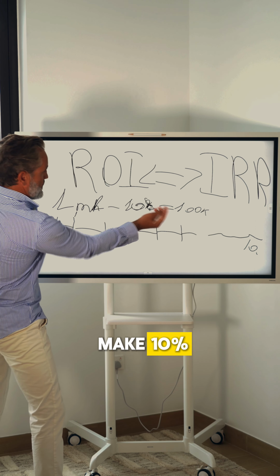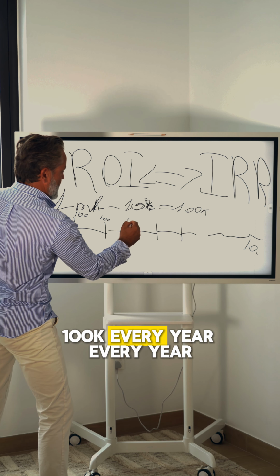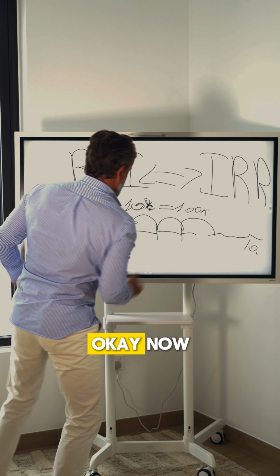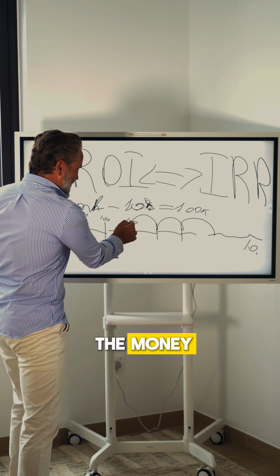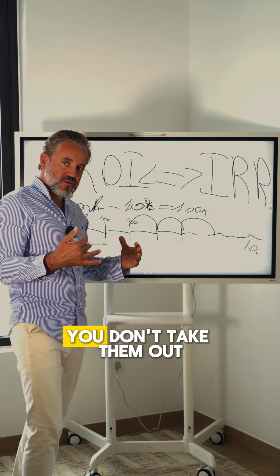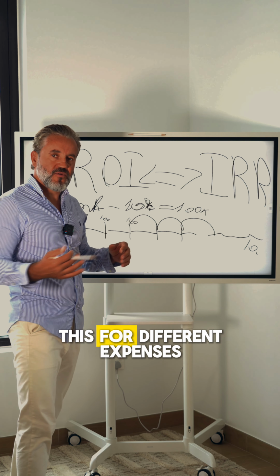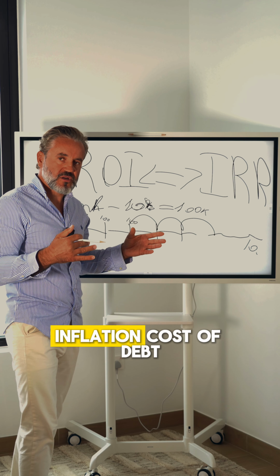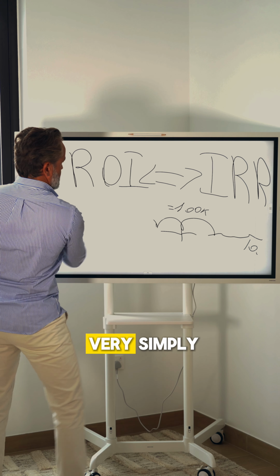Let's say you make 10%, that is 100K, 100K, 100K every year, okay? Now, how do you calculate the money you got every year while it is still in the business? You then take them out and you also discount this for different expenses, inflation, cost of debt, and so on. How do you do this? Let me show you very simply.